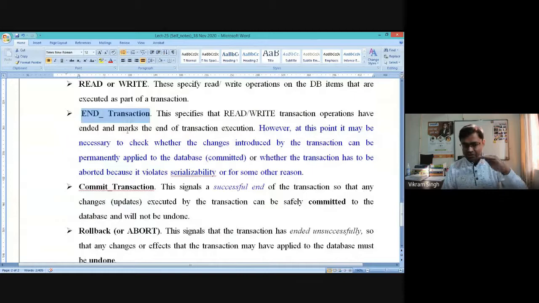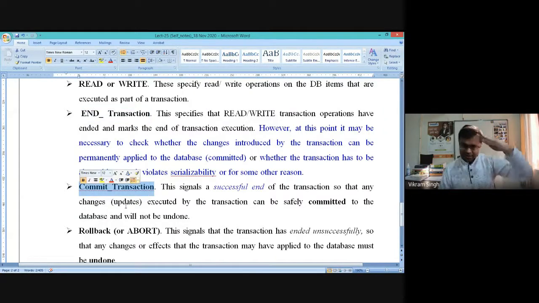All the changes which you have performed are being saved partially or temporarily in some kind of storage, some kind of buffers. After this there is a point called commit transaction. In the transaction's life itself, there is a point called commit transaction. So we have this end transaction point. After this point, there is a time slice available, a lifetime which is referred to as the partially committed stage.